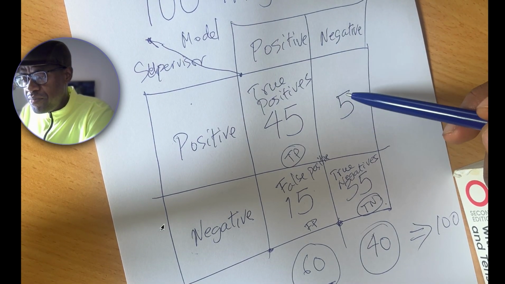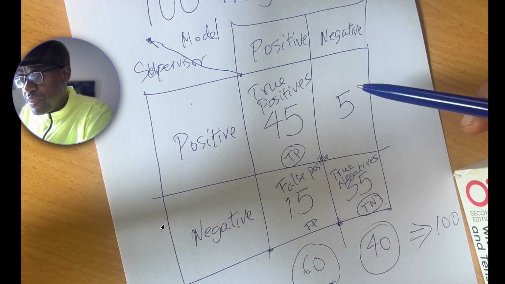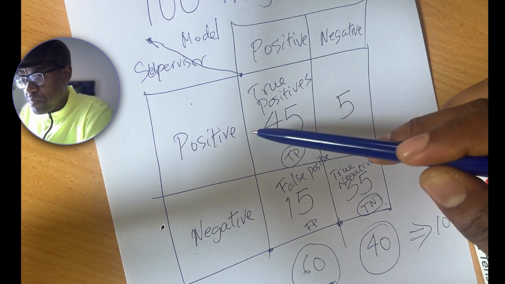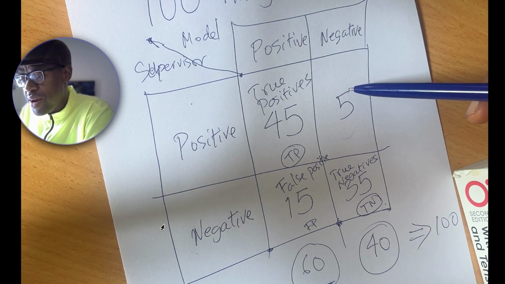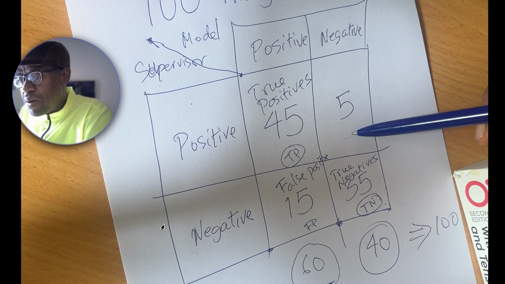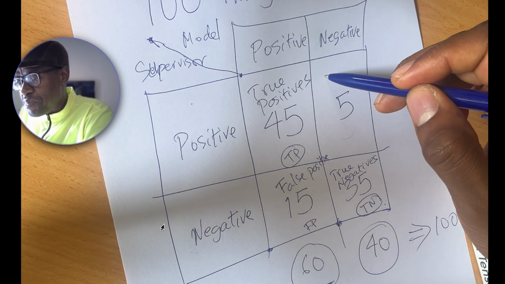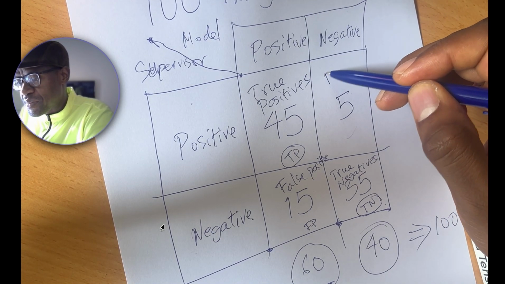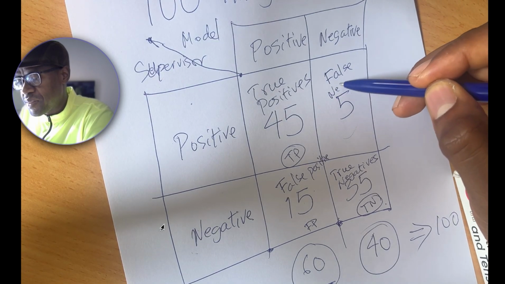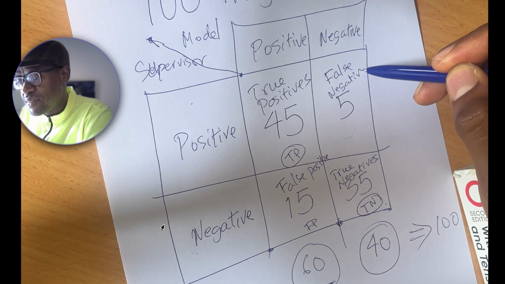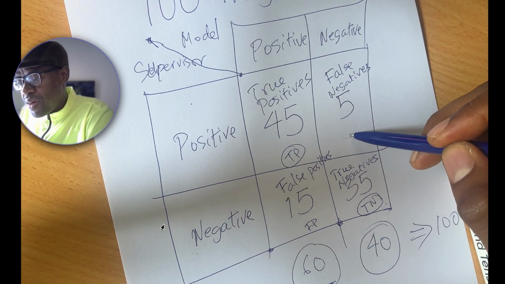And this is where the supervisor sees the visible number plate, but the model says there's no number plate. So this is a false negative, or FN.